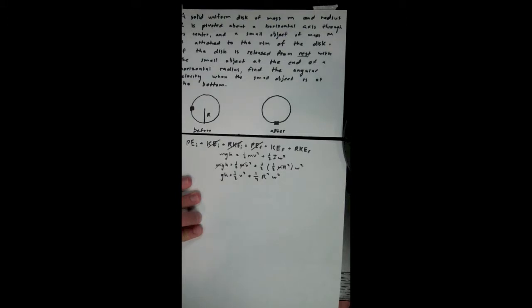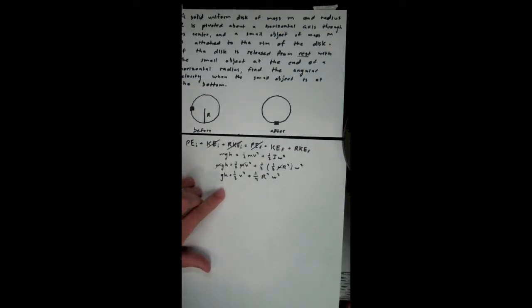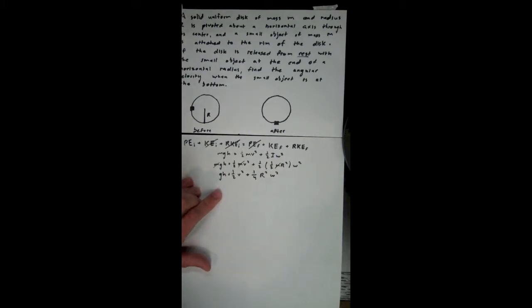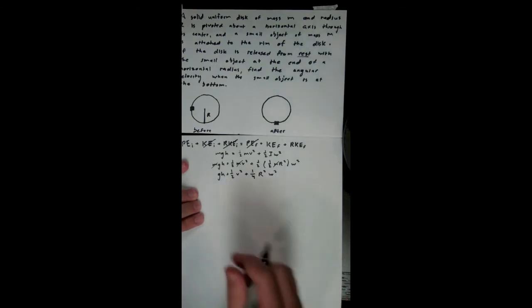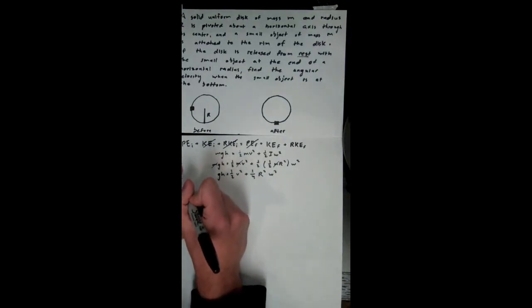Okay. Now, another thing is we have to get everything in terms of omega, since that's what we're solving for. We're solving for angular velocity, which is omega. So that brings us to the relationship between the two, and you'll find this on your equation sheet.